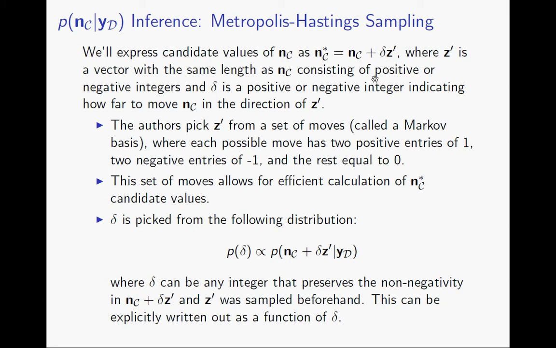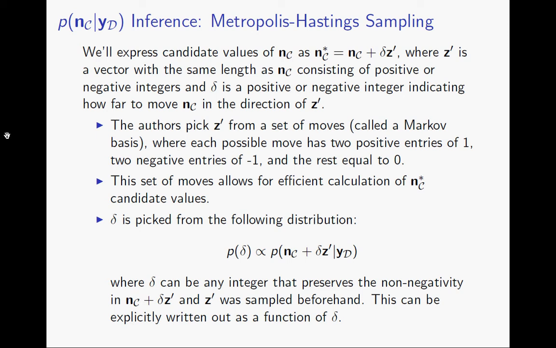The Z prime is a vector with the same length as our contingency table, consisting of positive or negative integers, and delta is a positive or negative integer, indicating how far to move our contingency table in the direction of Z prime. The authors of the original paper that I read pick a Z prime from a set of moves called a Markov basis, where each possible move has two positive entries of 1, two negative entries of -1, and the rest equal to 0.